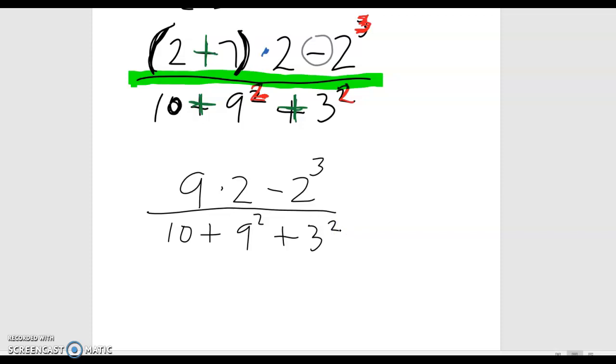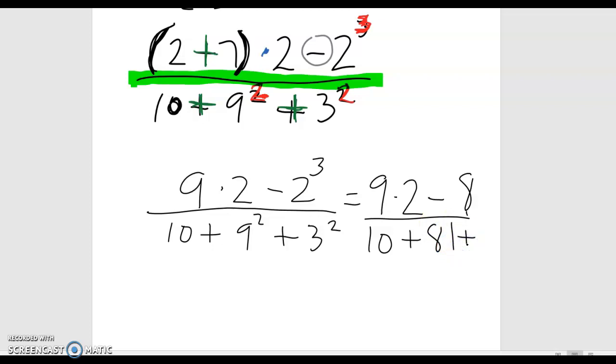I have 3 areas to take care of exponents. Let me do that over here to the right. 9 times 2 minus 2 to the third. What is that? 8. 10 plus, what's 9 squared? That's right, 81. What's 3 squared? You got it, that's 9.